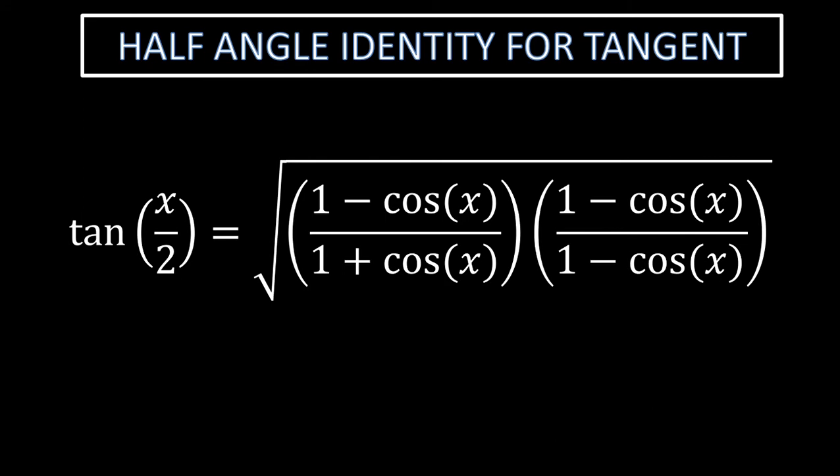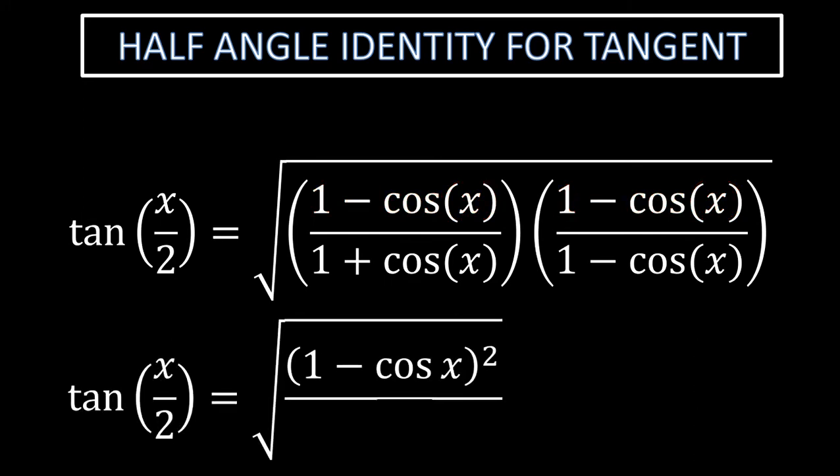So it looks like this. Take note that 1 minus cosine x divided by 1 minus cosine x will just be equal to 1, so the value is not affected. If I simplify that further, this will become 1 minus cosine x times 1 minus cosine x, which is the quantity 1 minus cosine x raised to 2.